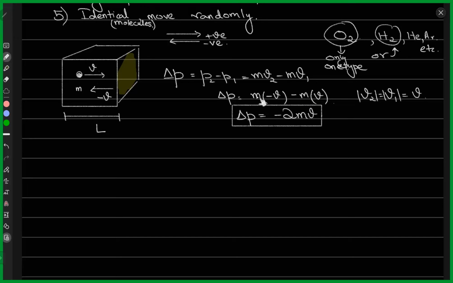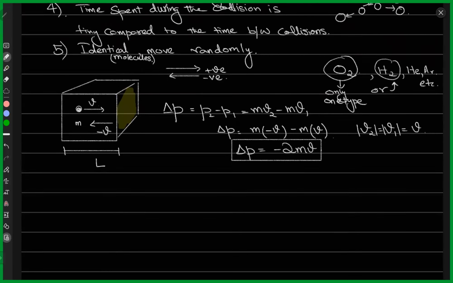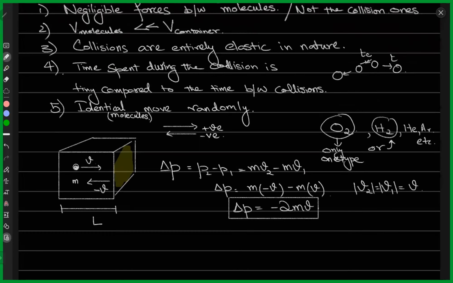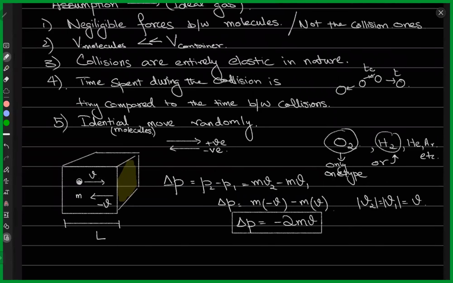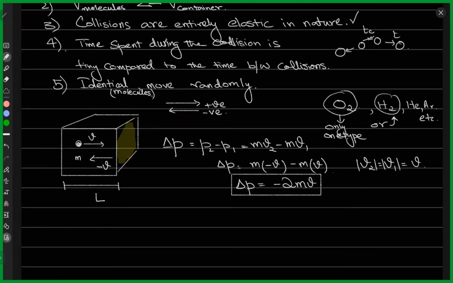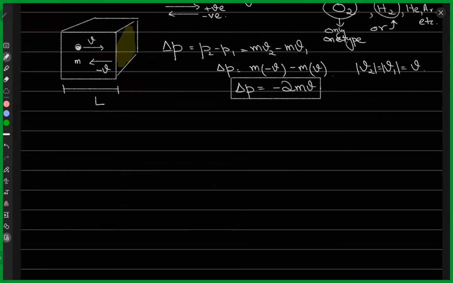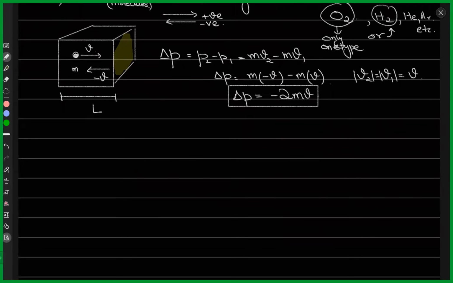Just doing the math now, this becomes minus 2mv. And that's the change in momentum. The velocities, both v1 and v2, are the same because of our assumption number 3, because we said that the collisions are perfectly elastic in nature. So the velocities are the same. All right, is that clear now?